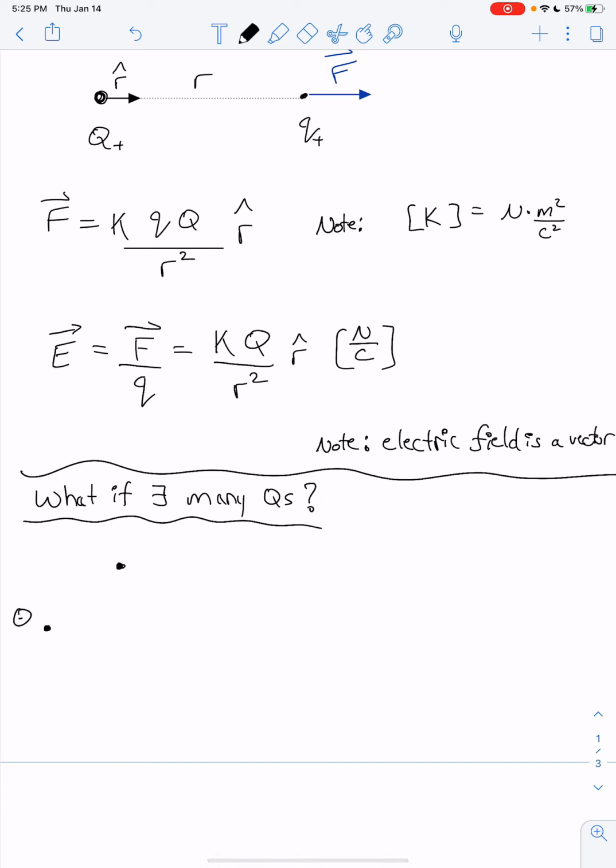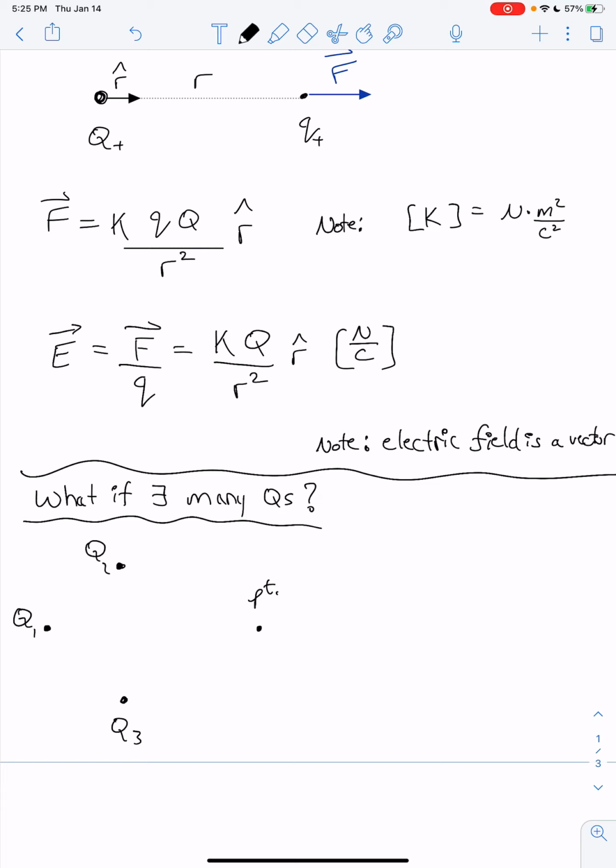We call this big Q1, Q2, Q3, and we could draw as many as we like. Okay, and we want to know, well, what's going on at this point? We'd say here's some special point to analyze, and we could ask ourselves, well, what's the electric field at that point? How do we work this out?